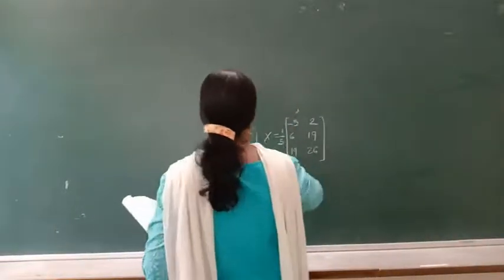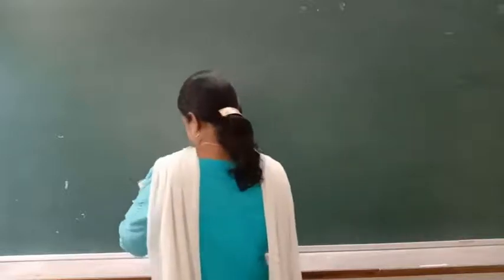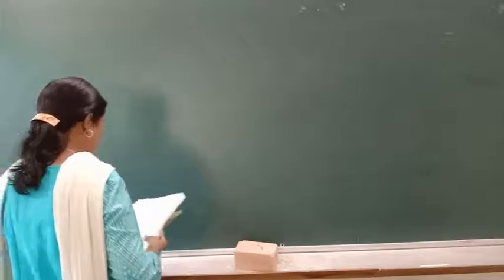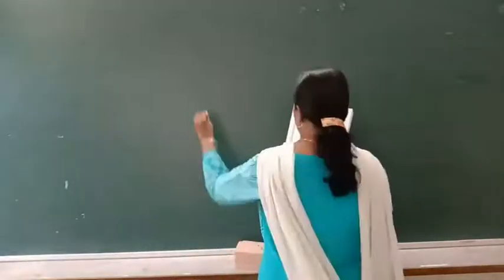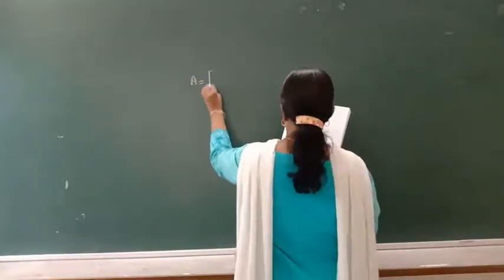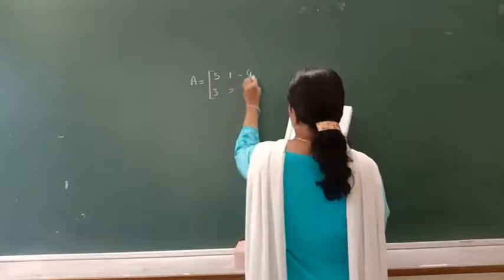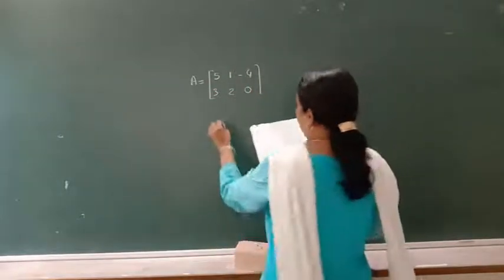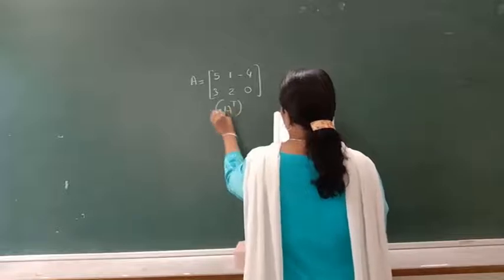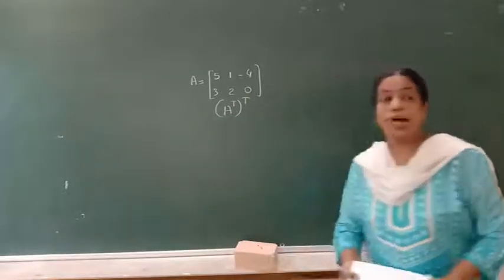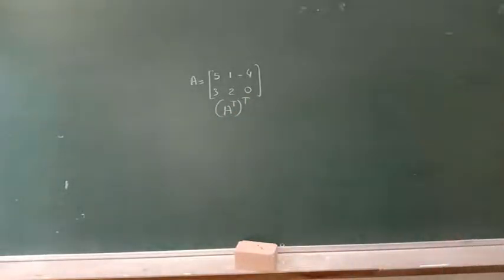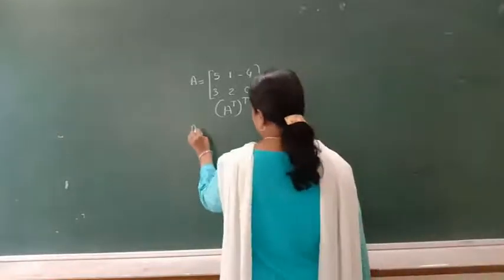Next sum. Now A is [1 -4; 3 2 0]. Now you have to find the transpose of the transpose of A, that means the transpose of A. First you will find A transpose.